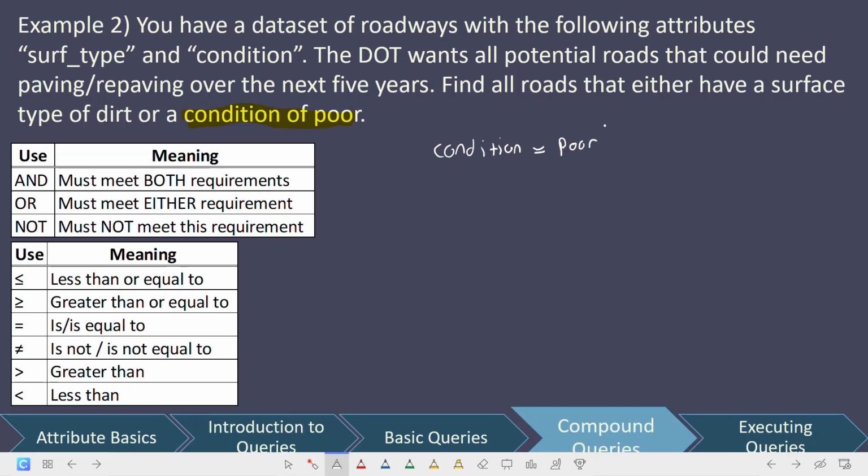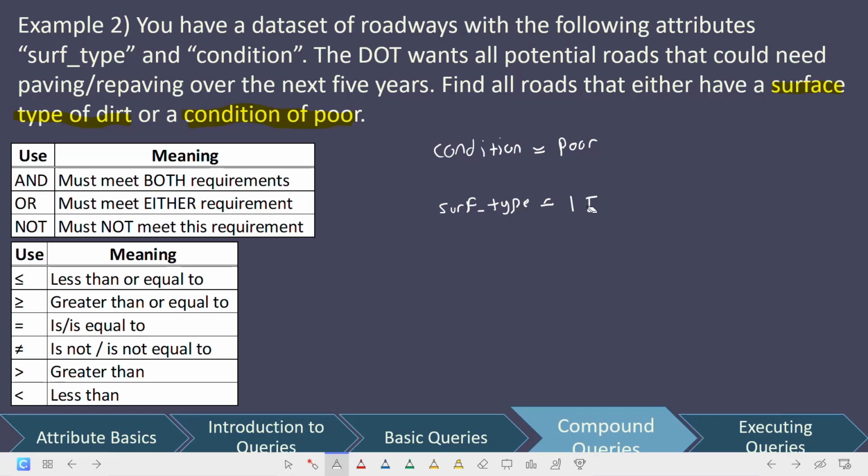That's a single query based on this piece here. We have another query that we can write, surface type of dirt. Surf type equals dirt.